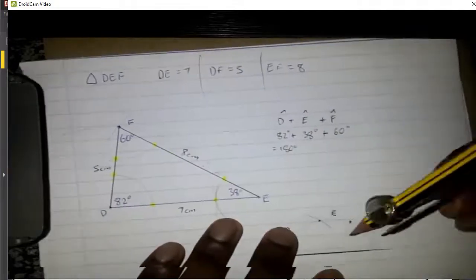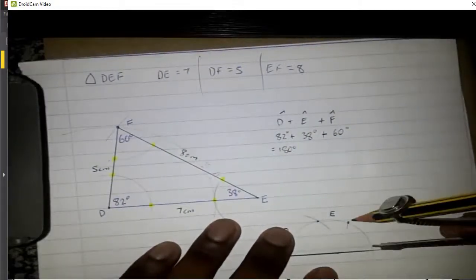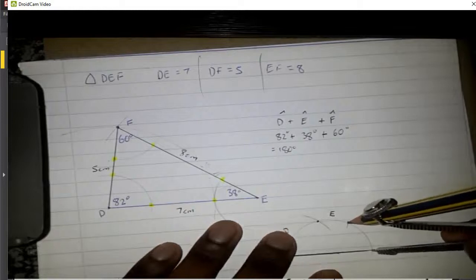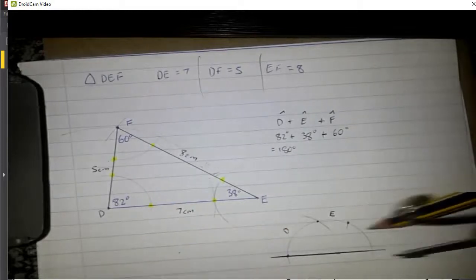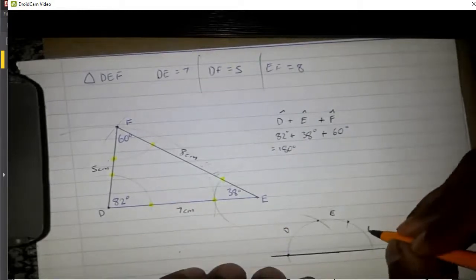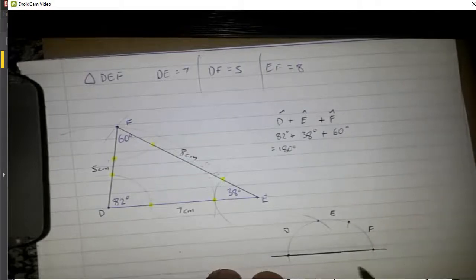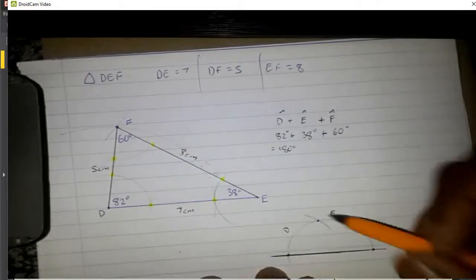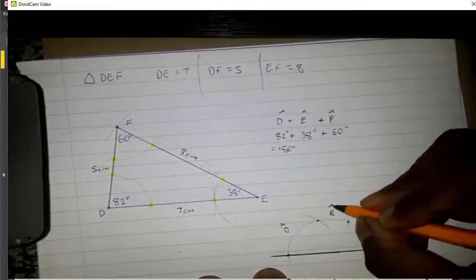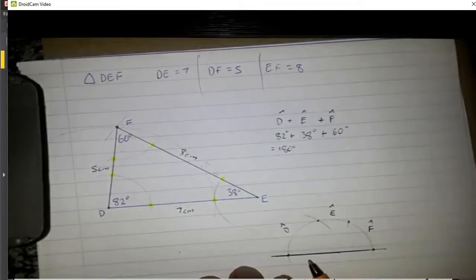There we go. Can we see F is from here to here, right? Can we now see that when you add up angle D, when you add up angle E, when you add up angle F, you land on 180 degrees.